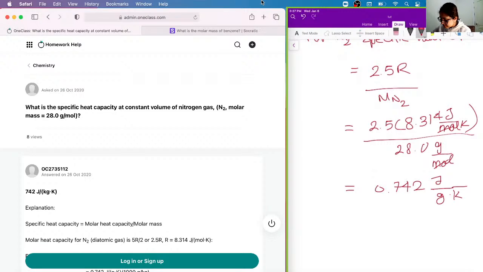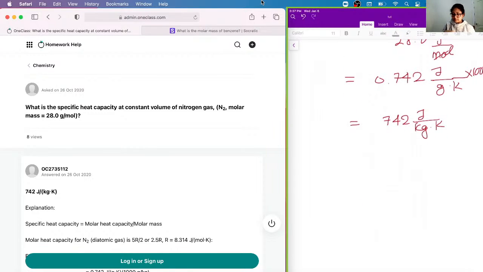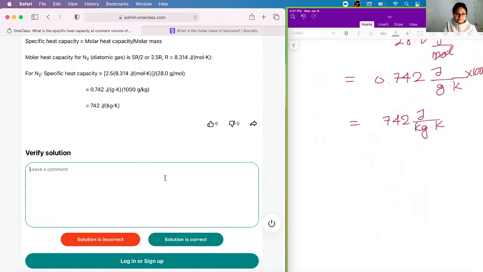You can convert this by multiplying by 1,000, and you get 742 joules per kilogram Kelvin. So the specific heat capacity for N2 is 742 joules per kilogram Kelvin, and the solution is correct.